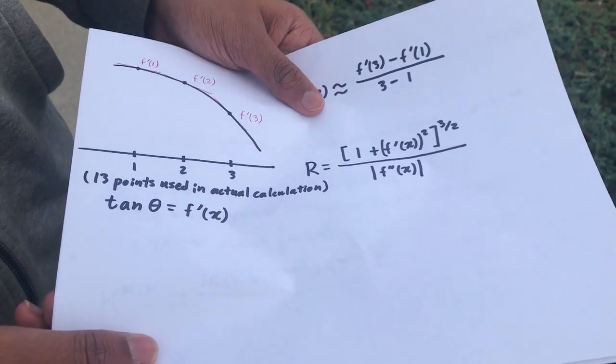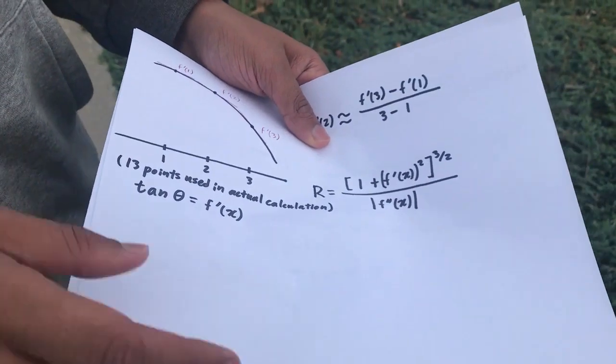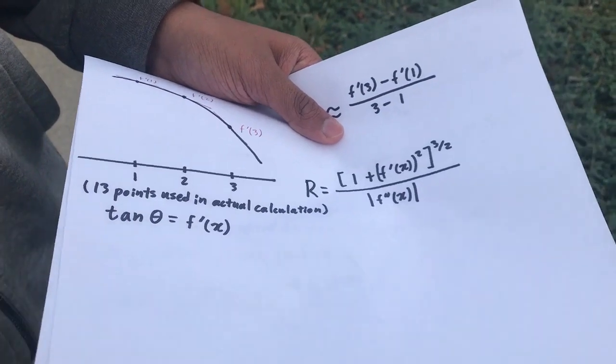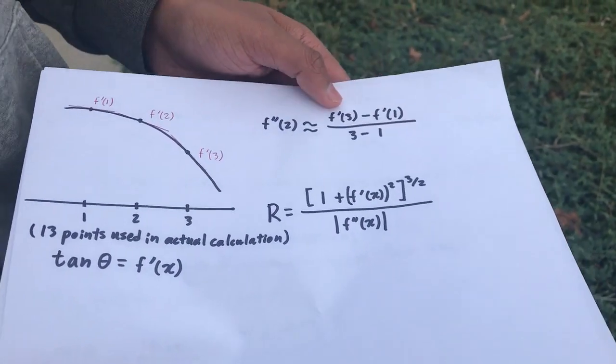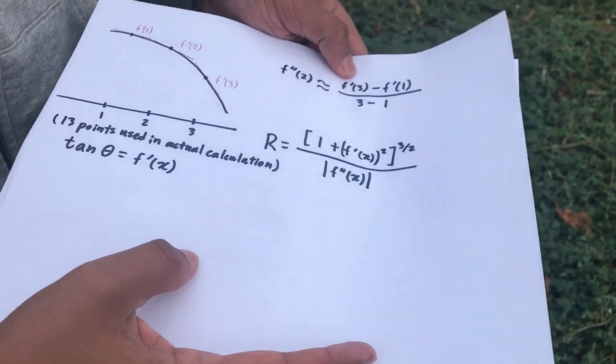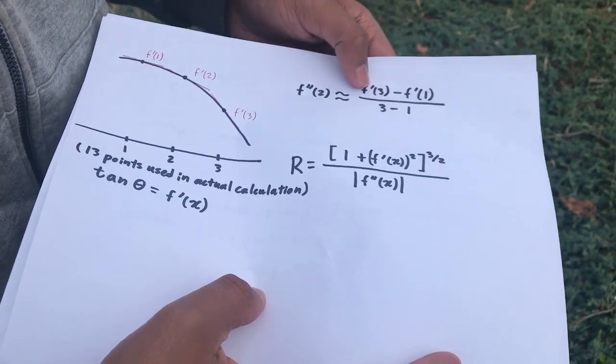And I took my compass data and used that to convert it into the first derivative slopes, the tangent lines of the curve, by using the fact that tangent theta is equal to the first derivative. And for the second derivative, I was able to approximate that using the first derivative of adjacent points and taking the average of them.